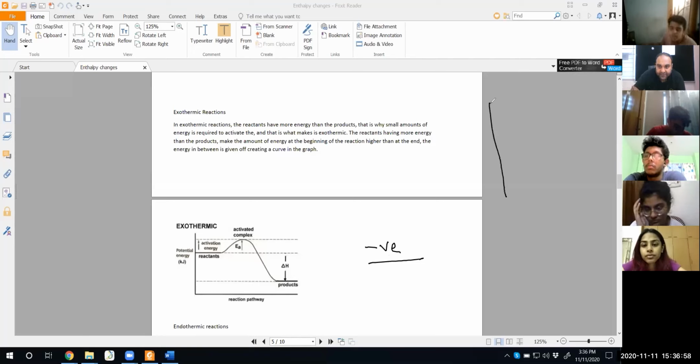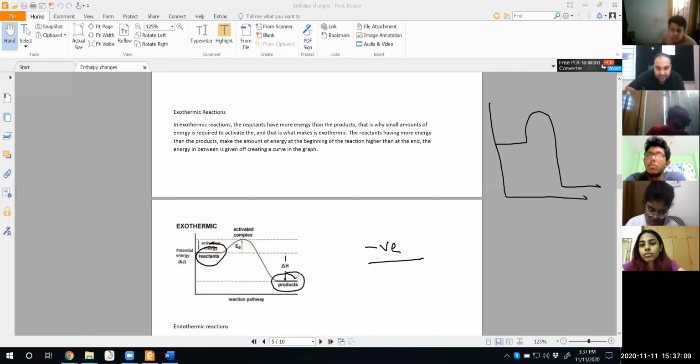So for an exothermic reaction, energy is released from the system. And what is the system made up of? The reactants and the products. So when energy is released from the system to the surrounding, we call it an exothermic reaction.